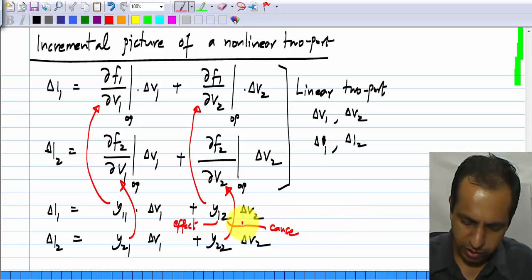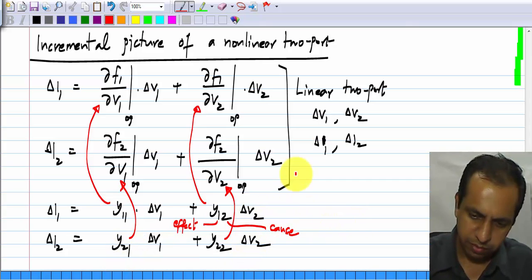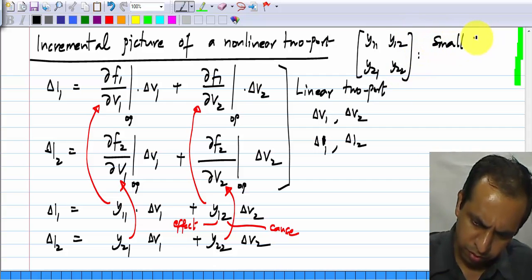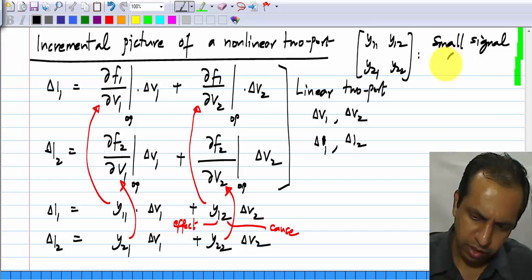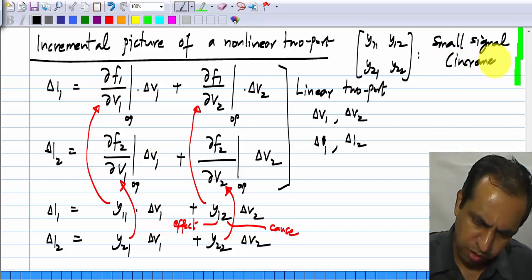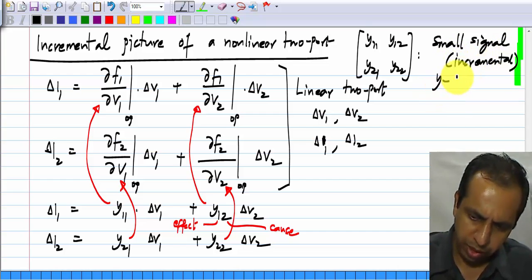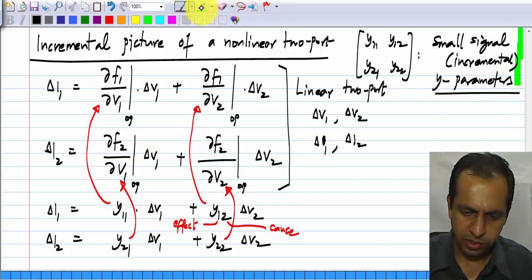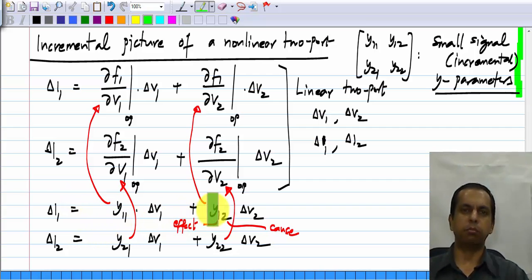Now these parameters are known as small signal Y parameters, for obvious reasons, because these tell you the linear relationship between small signal increments. It is only for increments that are sufficiently small that the linear relationship holds.